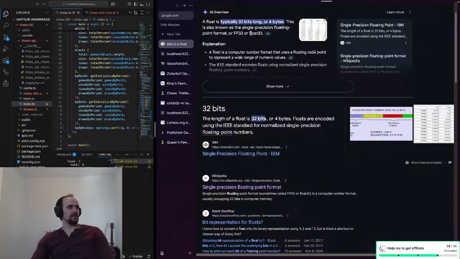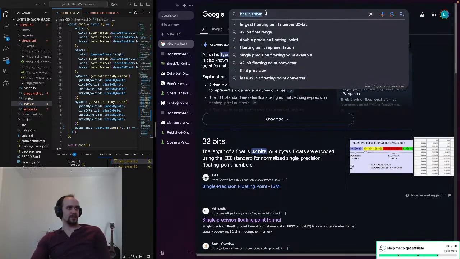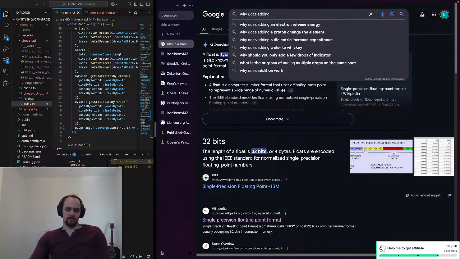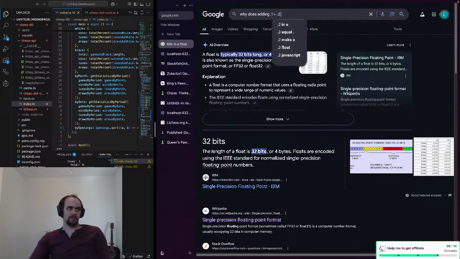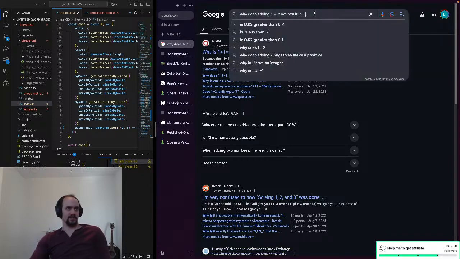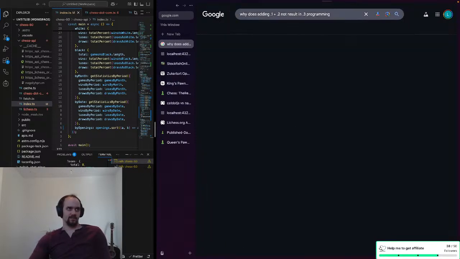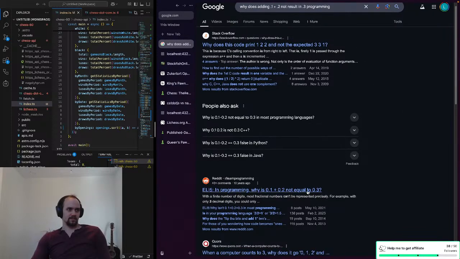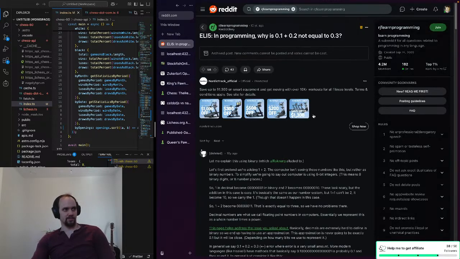Let me see if I can read an article about it. Alright, Reddit, explain to me like I'm 5.